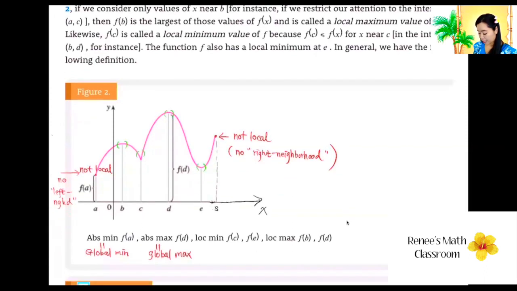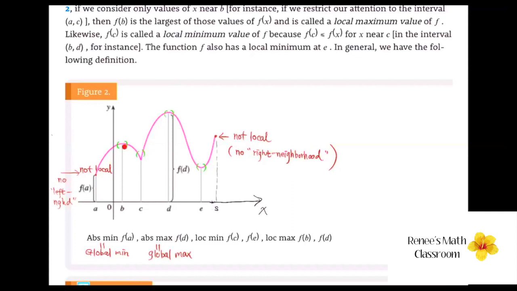Now, some of you will say, what about this one, this one, this one? When you're looking at this point where x equals b, on the left side and the right side, looking at this open neighborhood, it has a left and a right, and this point is the highest point in this neighborhood, right?